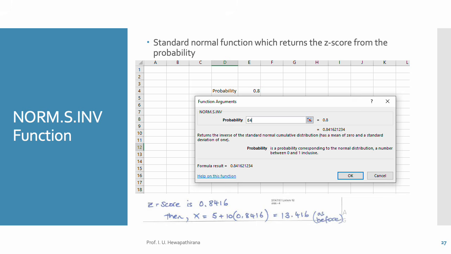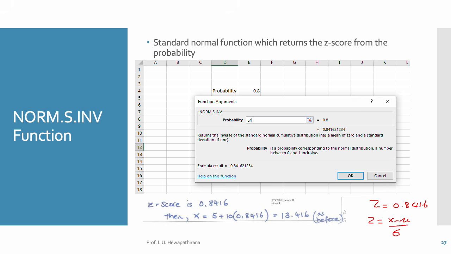So it asks for the probability and you enter 0.8 and it gives the corresponding Z value. So the Z value is equal to 0.8416.